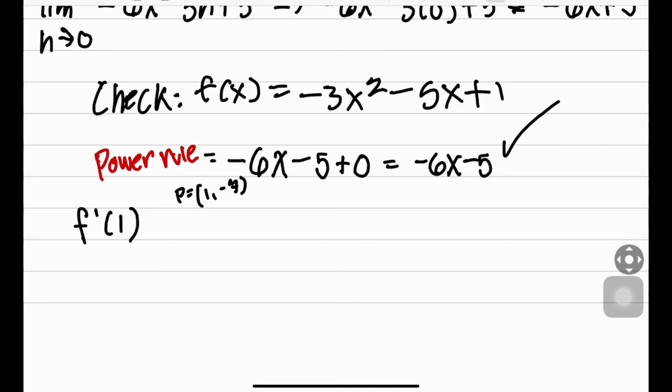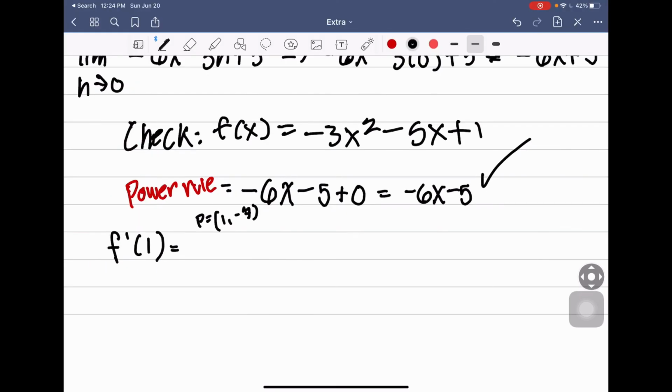And remember, this is the way to write the derivative. We're just going to do negative 6 times 1 minus 5.